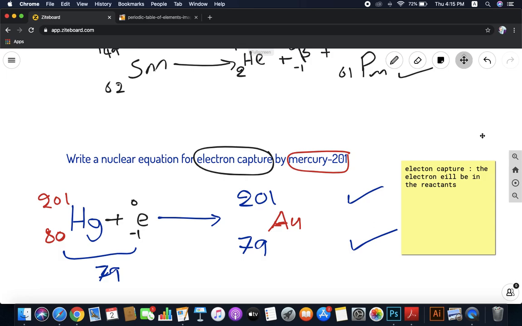Because the nucleus is unstable. It lacks the energy to keep the protons and the neutrons inside the nucleus together. Next time we will complete the missing nuclear equation. Assalamu alaikum.